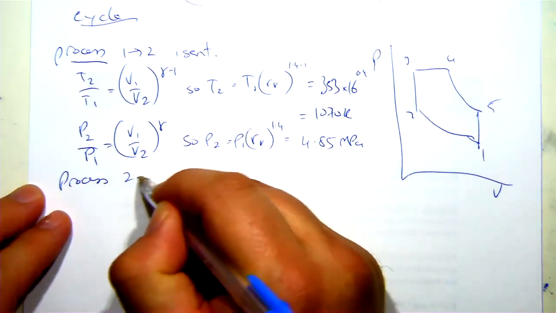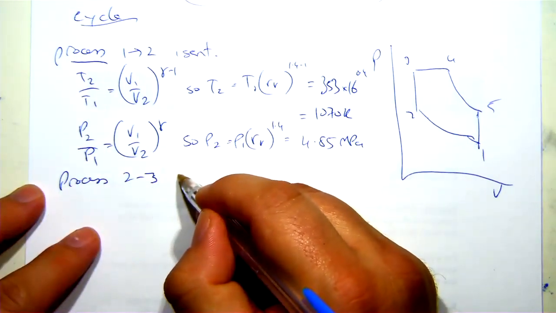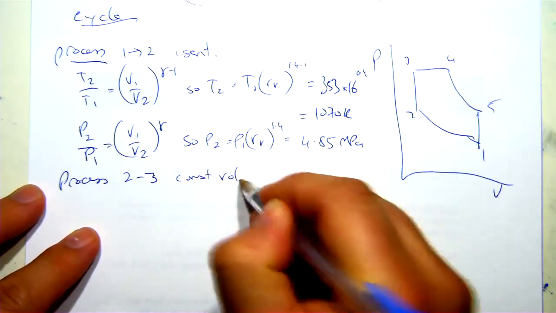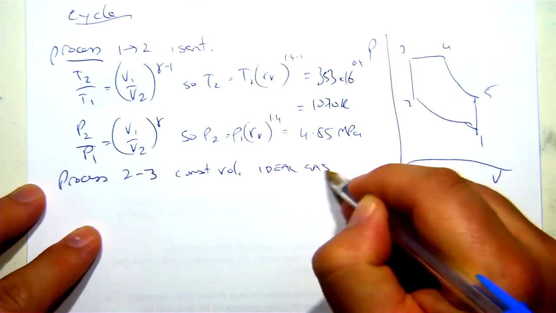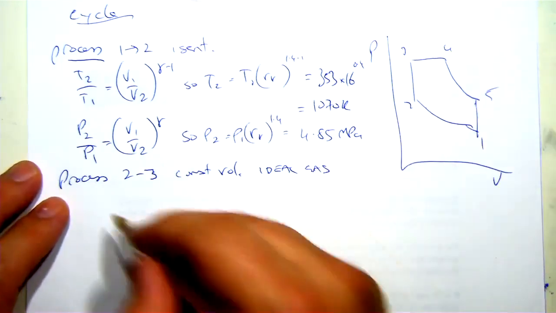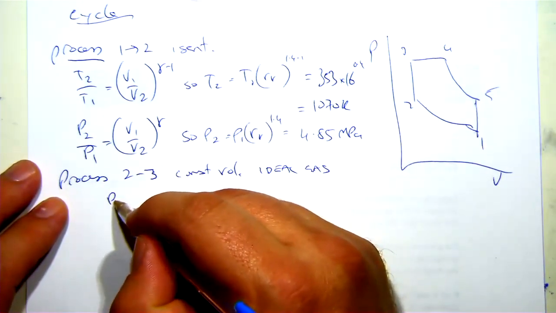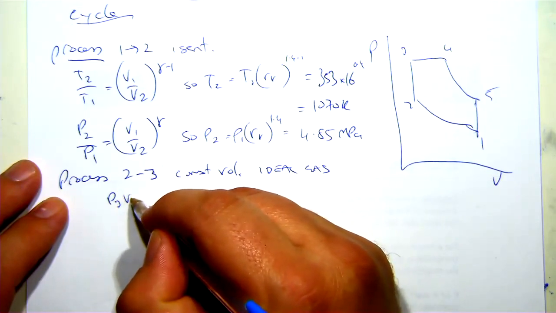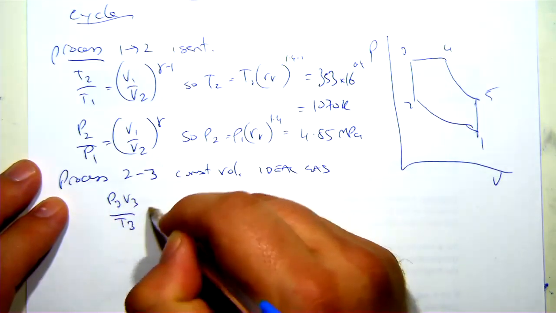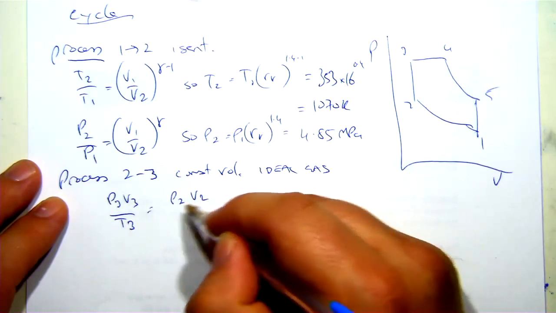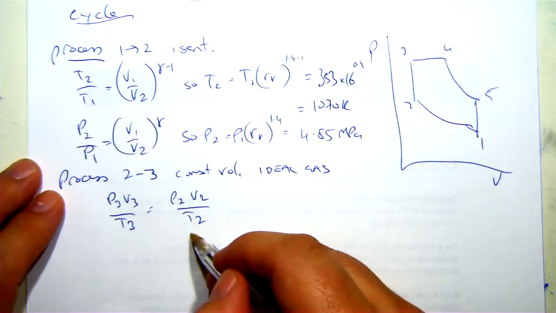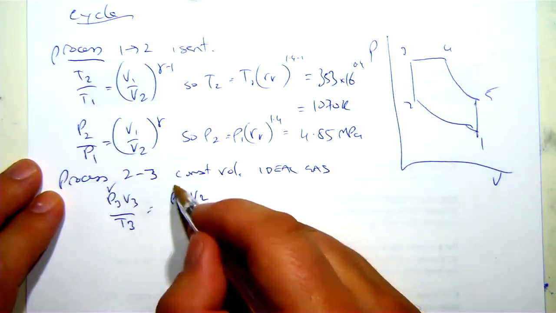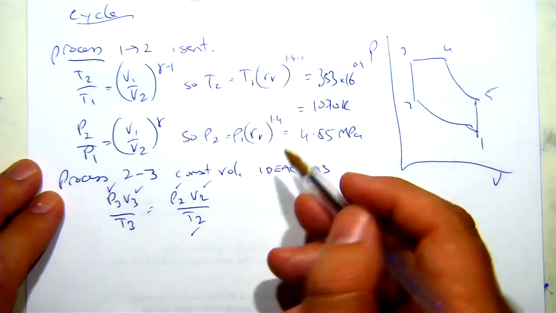Process 2 to 3 is constant volume and ideal gas. So I've got a PV equals RT thing going on here. So P3 V3 on T3 equals P2 V2 on T2, and I've got this guy, this guy, this guy, this guy, this guy.